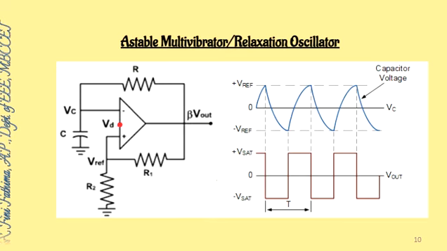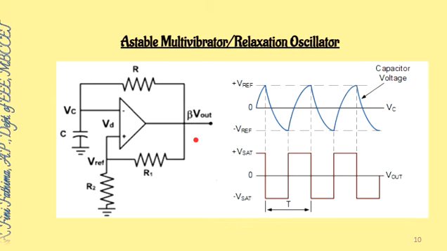That is, when the voltage VID is greater than 0, then the output will be plus VSAT, and it will switch back to minus VSAT when the differential input voltage VID is less than 0. When VID is less than 0, it means that the voltage at the inverting terminal is greater than the voltage at the non-inverting terminal.